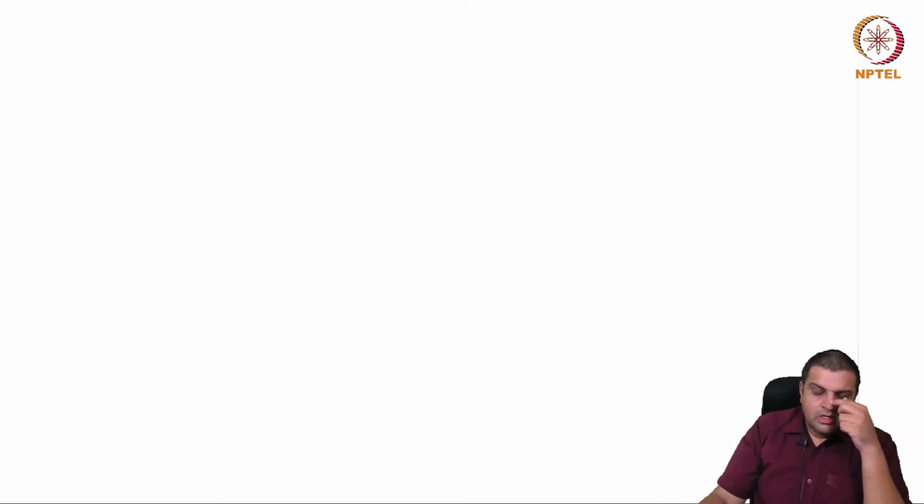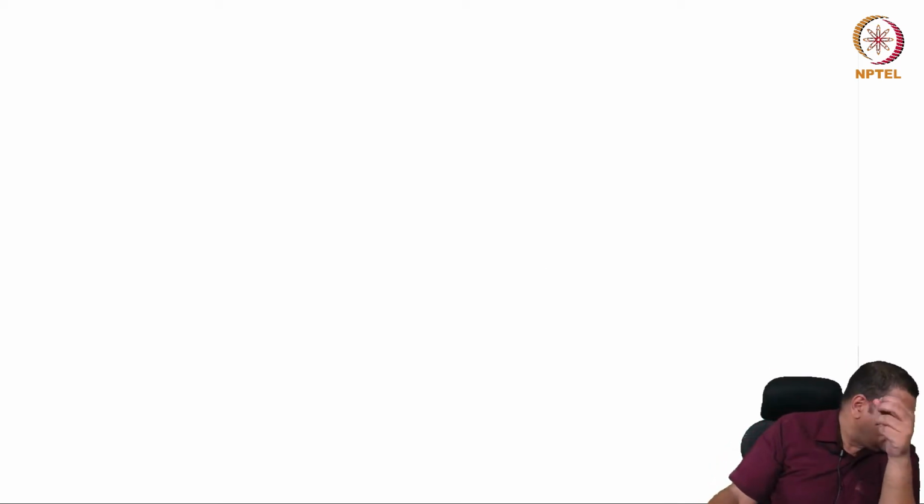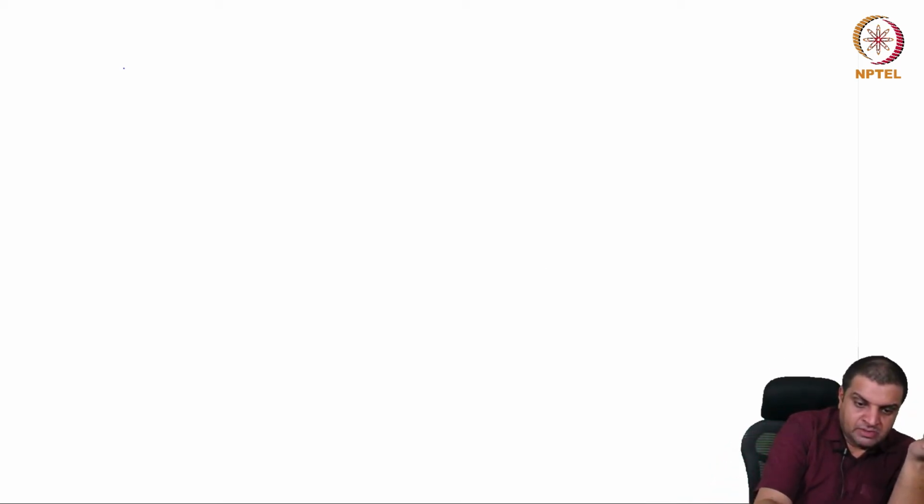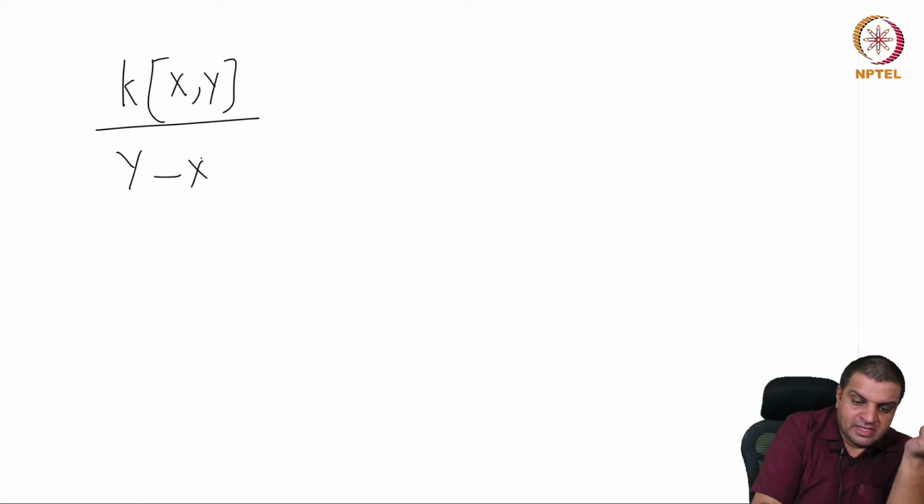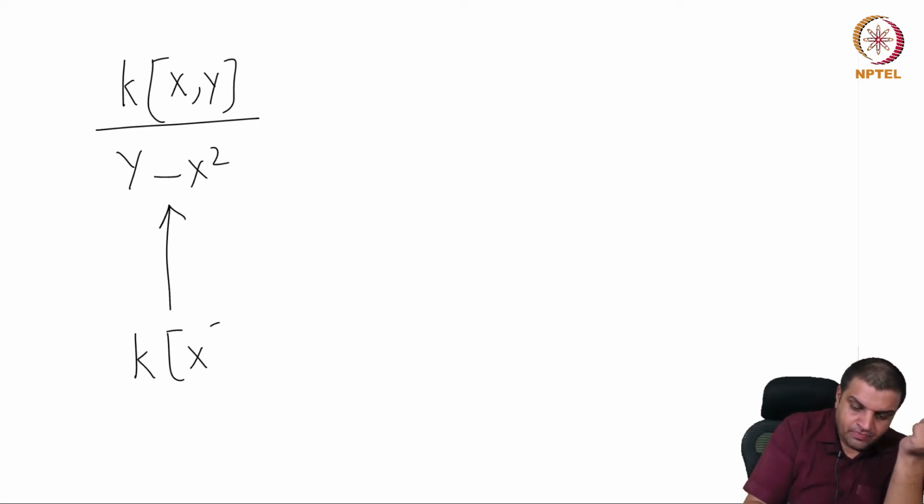Now let's look at a map of rings. The ring k[x,y] mod y minus x squared, and a ring map from k[x], where x goes to x.